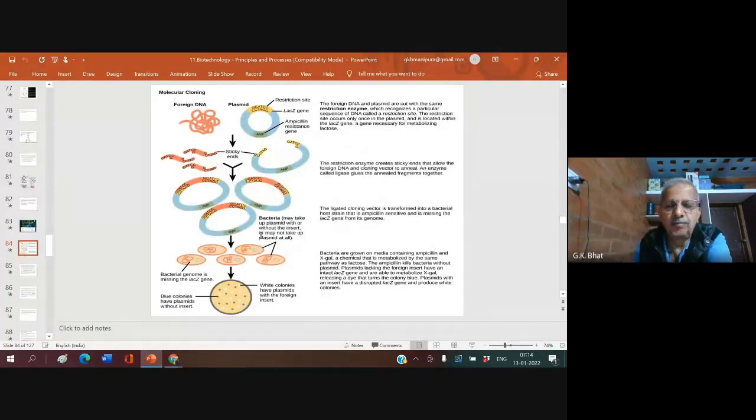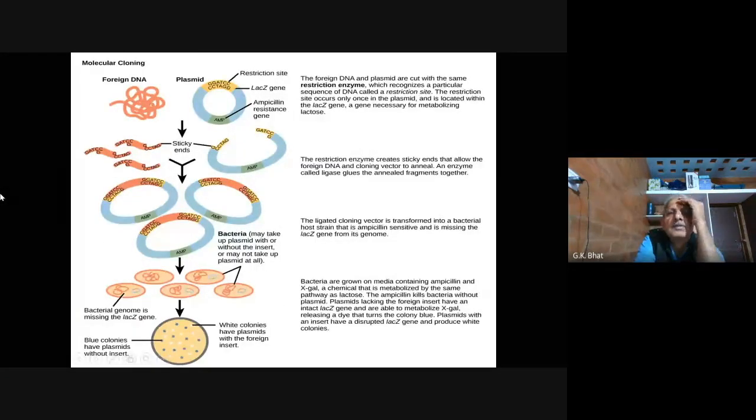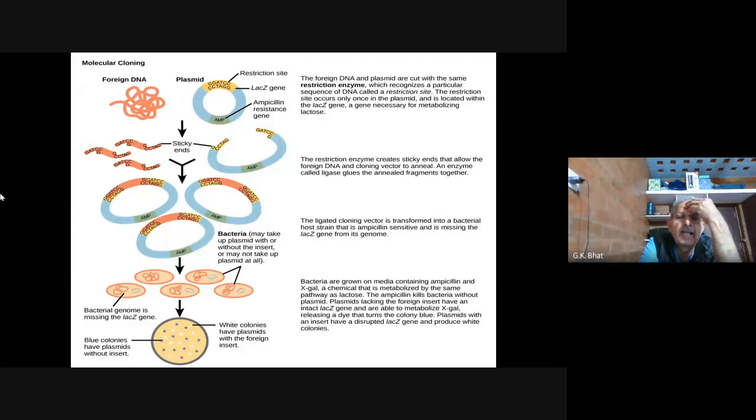Can you see this? I showed this earlier, and again I am showing you another one. This may help you understand better. Shall we go step by step? Look here.